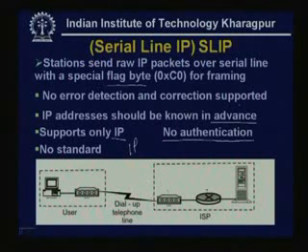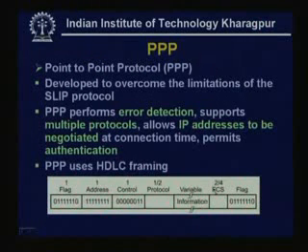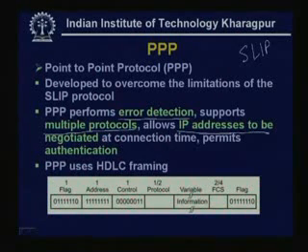between these two agents. To overcome the limitations of SLIP, a protocol has been introduced which is known as PPP, point to point. It performs error detection, it supports multiple protocols, and it allows IP addresses to be negotiated.